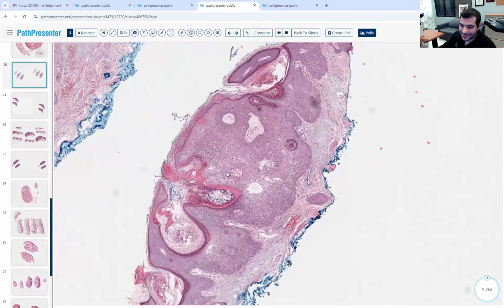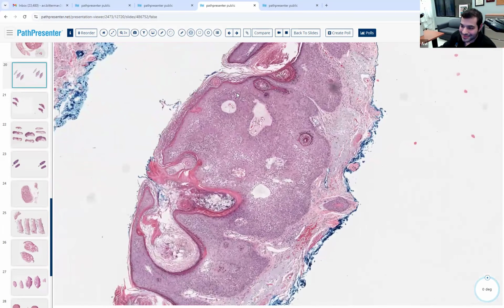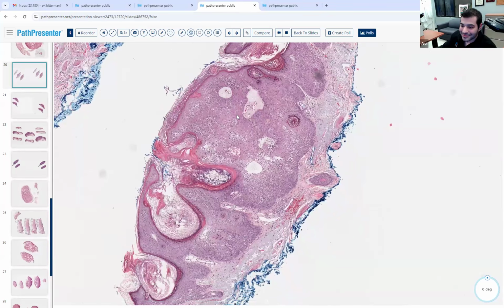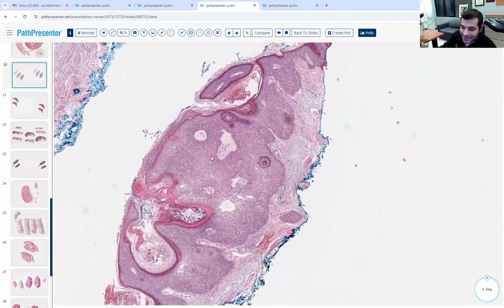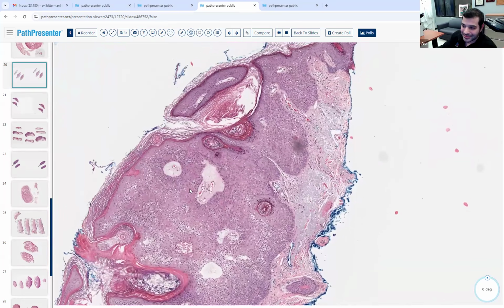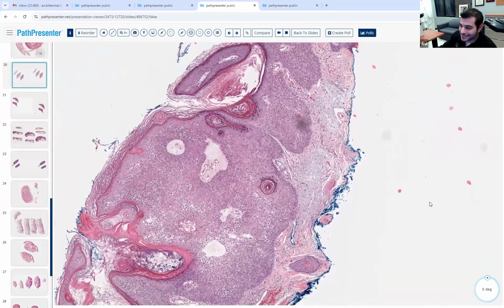What about this? To describe it, there's horn cysts.